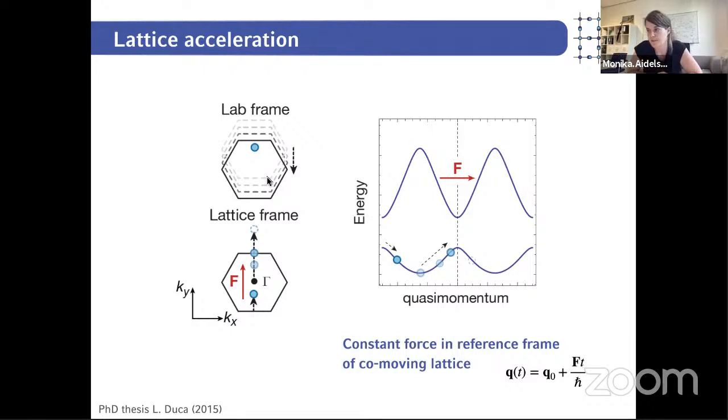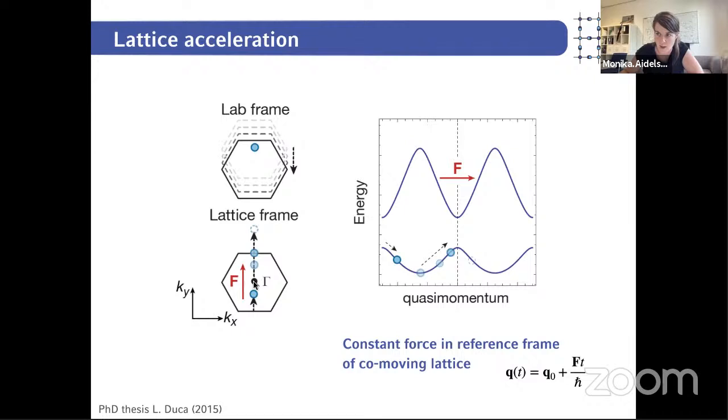And now if you sit in the reference frame co-moving with the lattice, the Brillouin zone in quasi-momentum space is fixed, but you're changing the quasi-momentum linearly as a function of time, which is what you would also get if you just apply a tilt to your lattice potential.